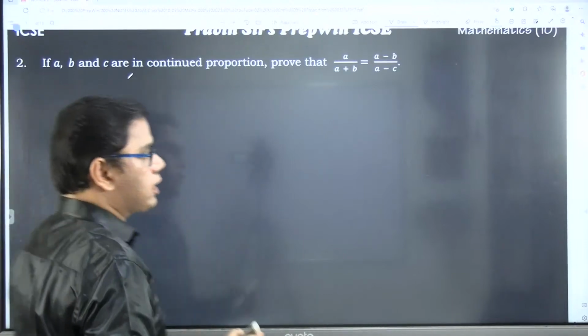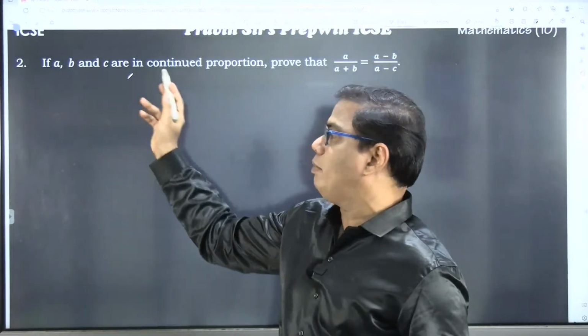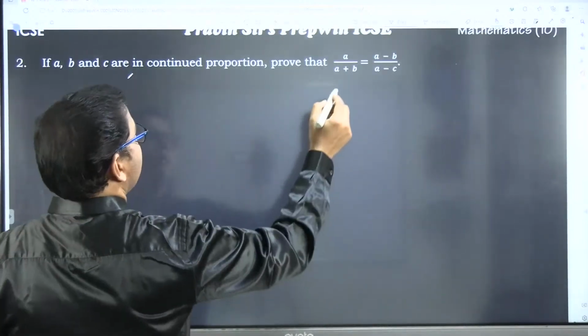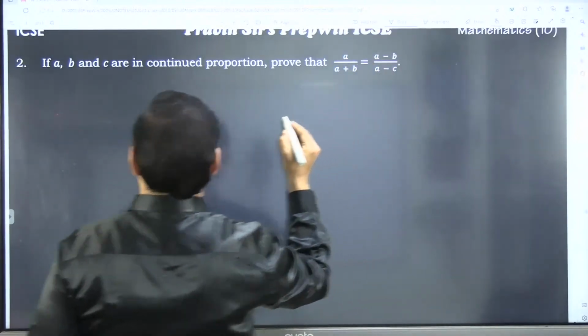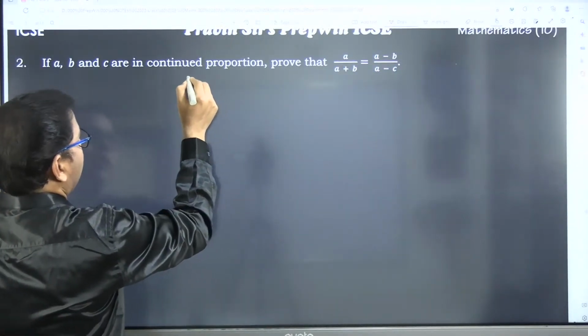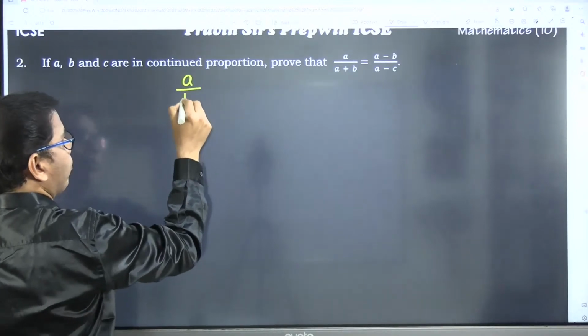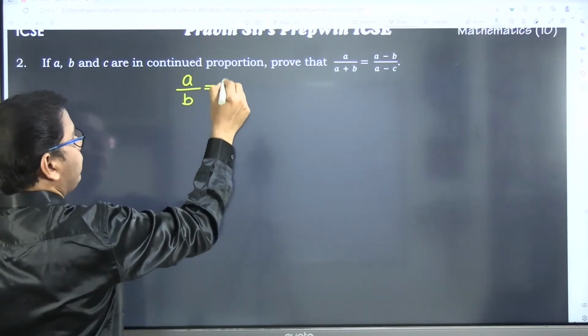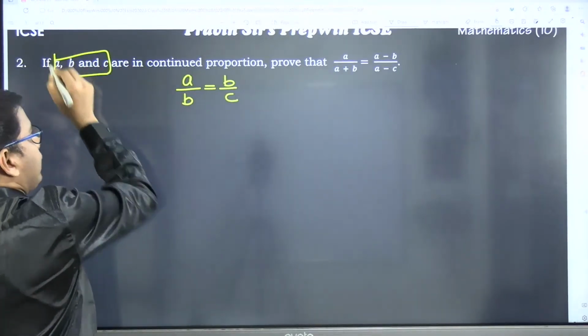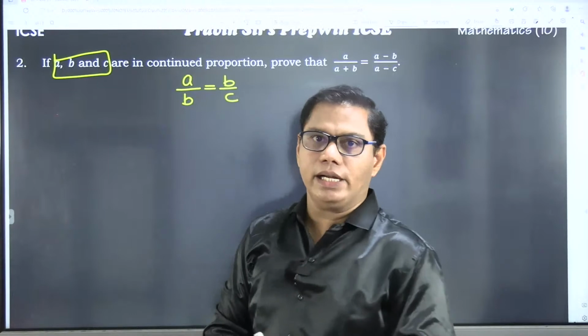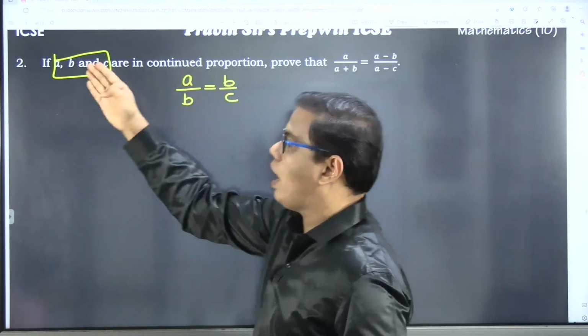Now here comes continued proportion. A, B, C are in continued proportion. Therefore, A upon B is equal to B upon C. In the introduction itself, I have told you how to.